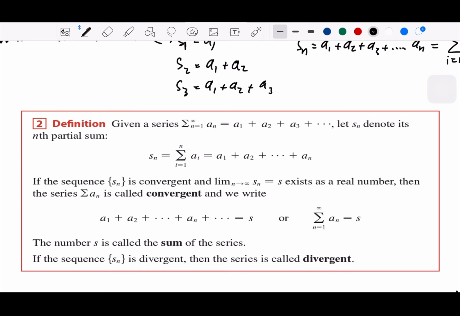We can write that a1 plus a2 plus ... is equal to S, or the sum of an equals S. This S is what we call the sum of the series. If the sequence of the Sn is divergent, then the series is called divergent.